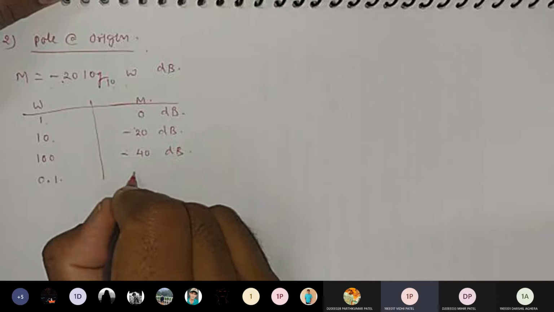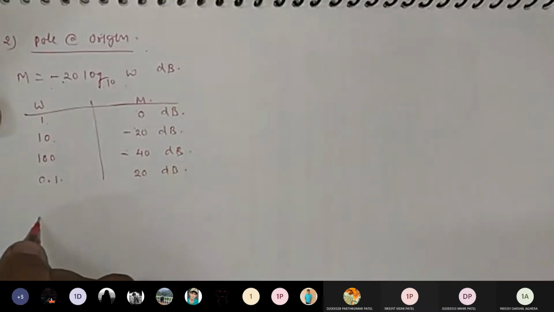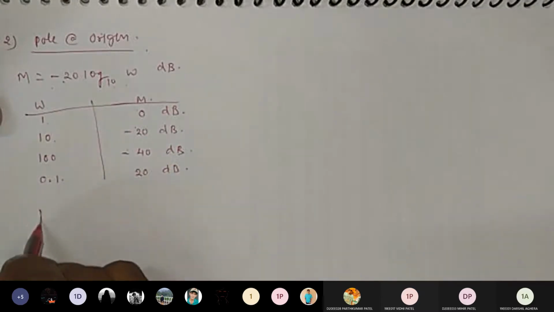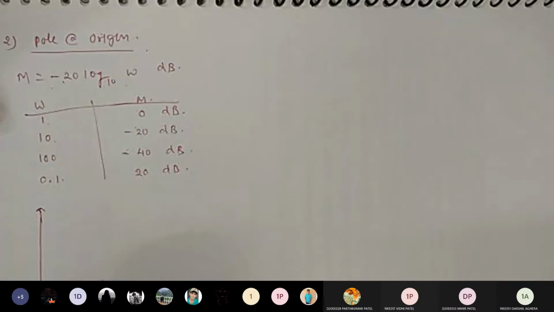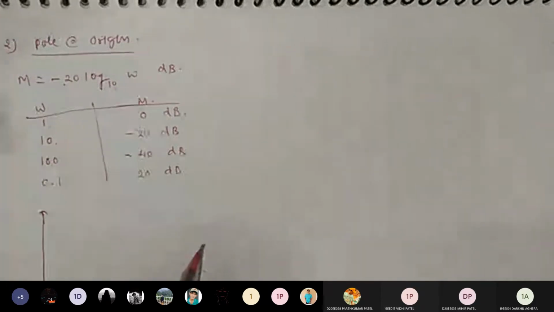20. Plus 20. Okay. So if I want to plot the graph of magnitude for the different frequencies, it will be like this. You will be having 0.1 over here, then 1, 10, 100 like this.